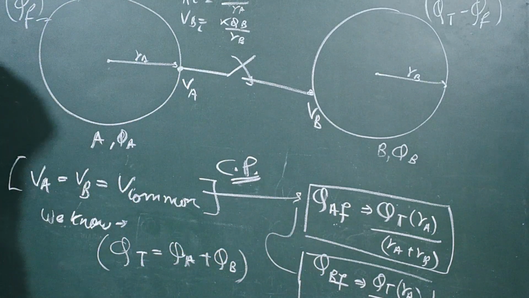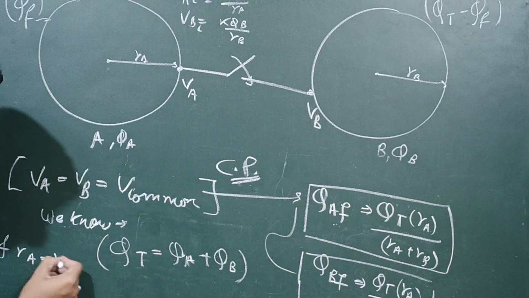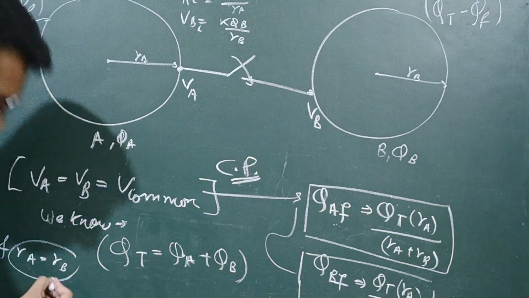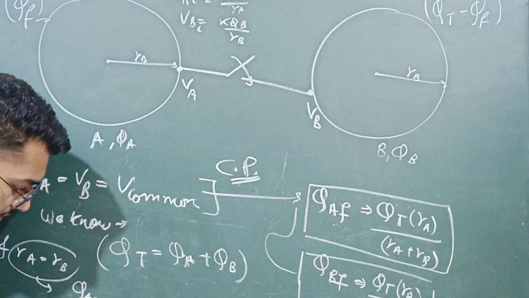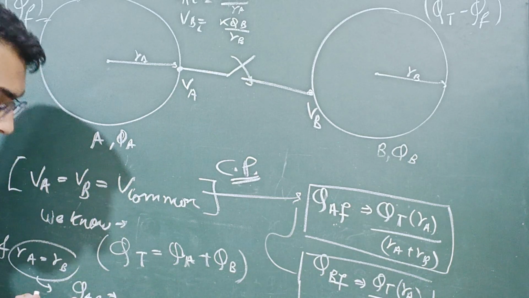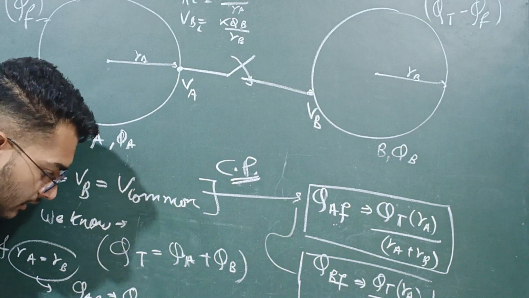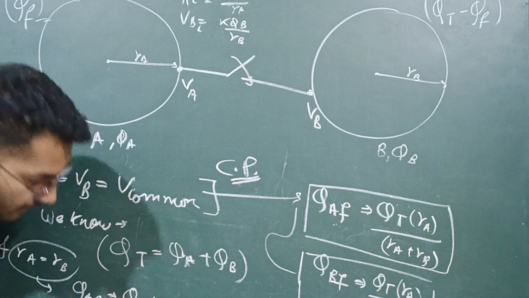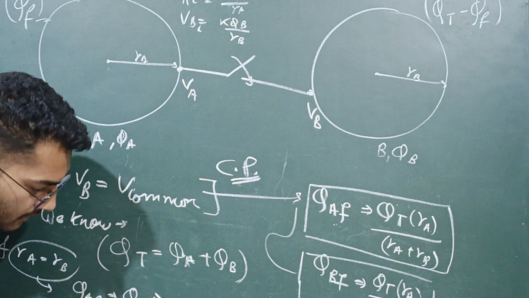So if RA equals RB, that just means the bodies are symmetrical. The charge distributions will just become, just see here, QA final. After connecting those identical spheres together, we get QT, then RA, and in the denominator I can just write 2 times RA.